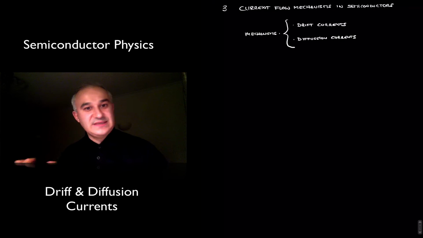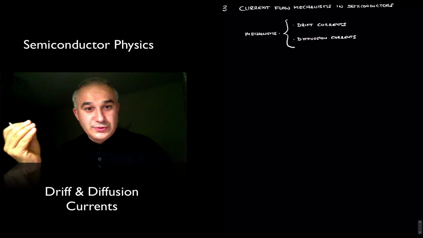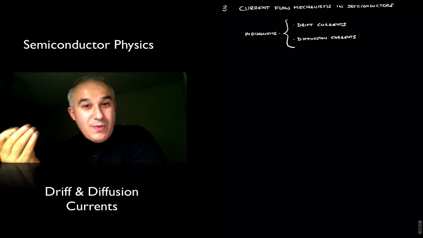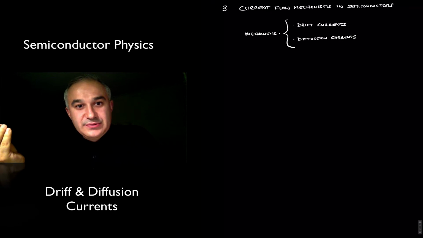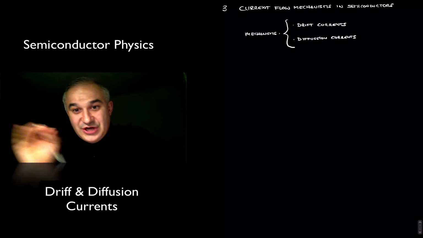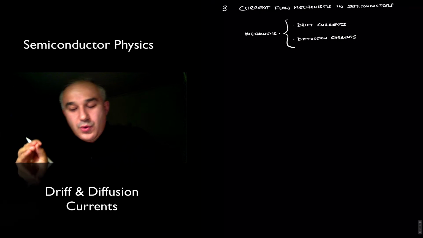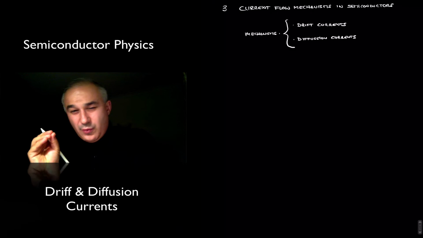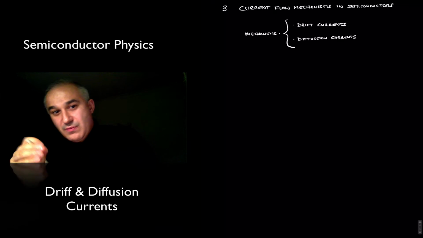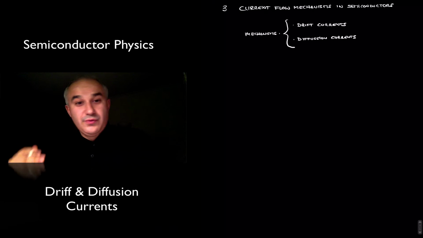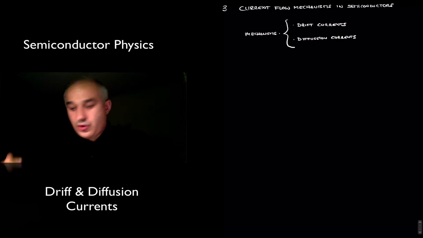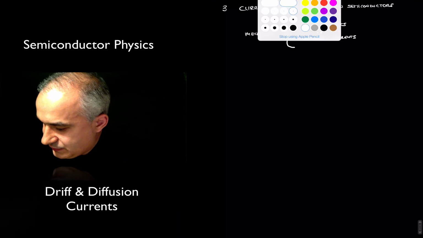And this is it. This is the reason why those mobile charge carriers, free electrons or holes, are going to have a current, a movement of charge: it is either going to have to do with electric fields or concentration. So let's put that here.